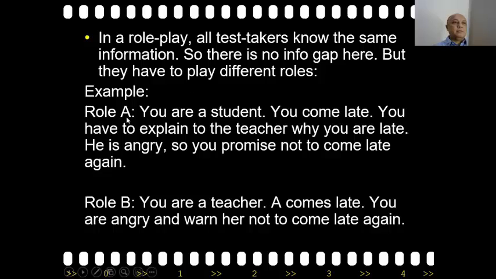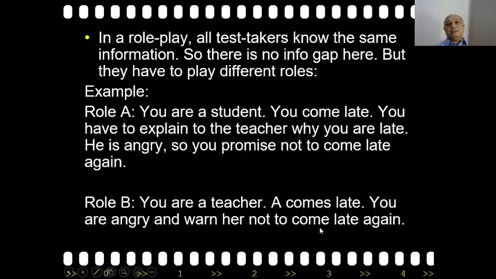So for example, in role A, you are a student, you come late. You have to explain to the teacher why you are late. He is angry, so you promise not to come late again. And the student having role B is a teacher. Then when A comes late, B has to be angry and warn A not to come late again.